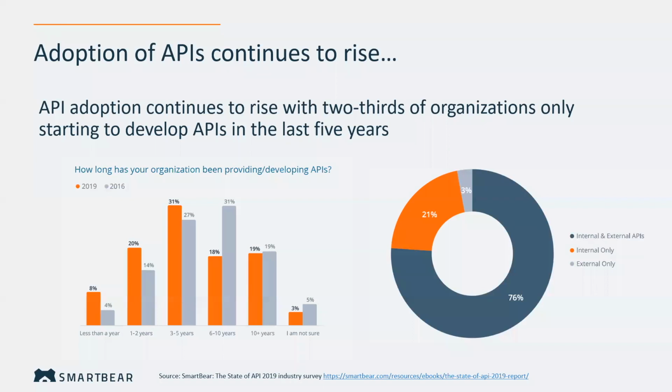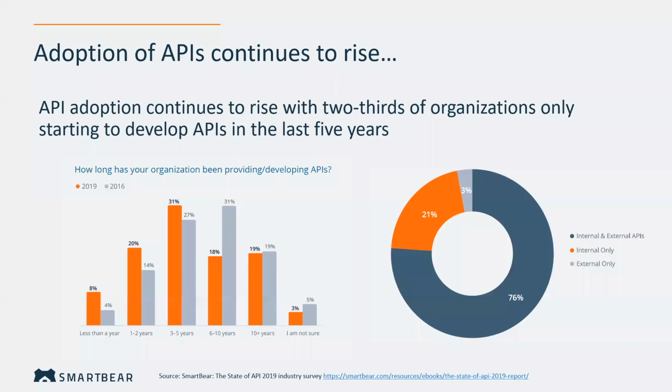And we can see that the adoption is continuing to rise. So 2/3 of organizations that we talk to have only started to develop APIs in the last 5 years. So even though this technology and APIs as a concept have been around for decades, as we said, 2/3 of the organizations that we talk to have only started to develop APIs over the last 5 years.